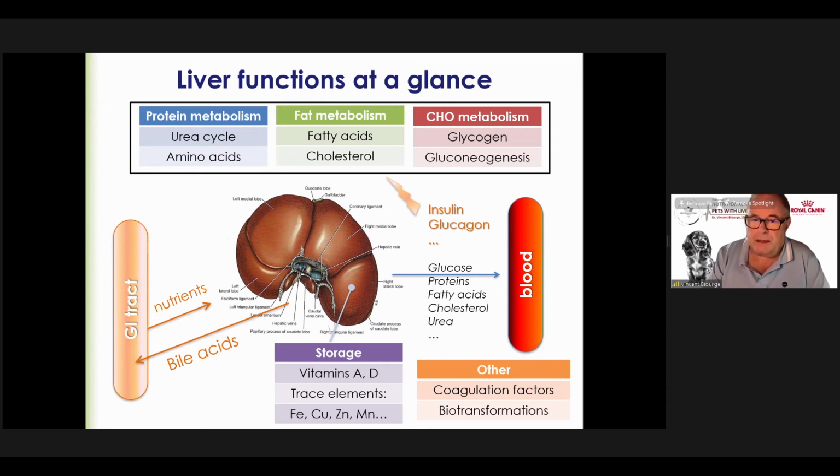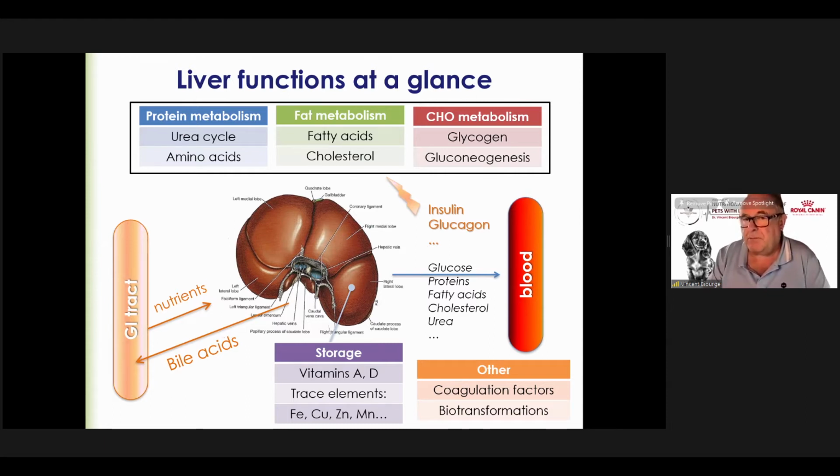Finally, the liver is involved in the storage of many nutrients like vitamin A, vitamin D, but also vitamin B12, for example. It is involved in the storage of trace elements like iron, copper, zinc, manganese. And finally, another important role of the liver is biotransformation.